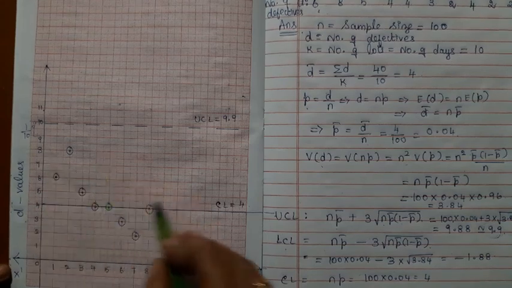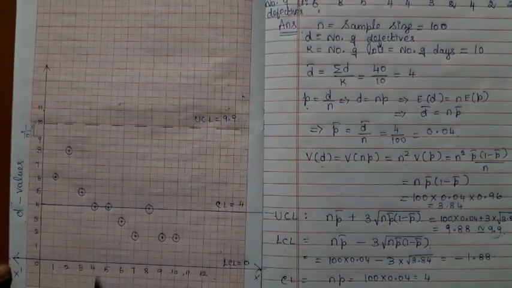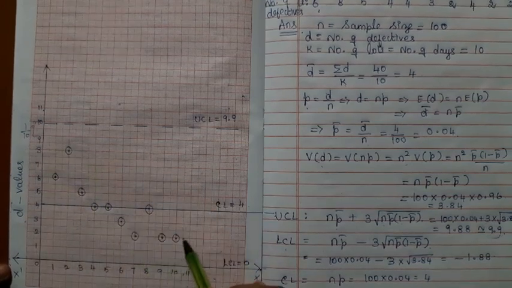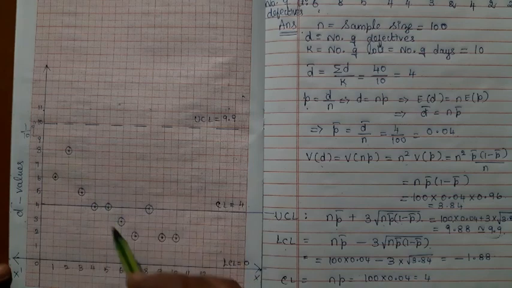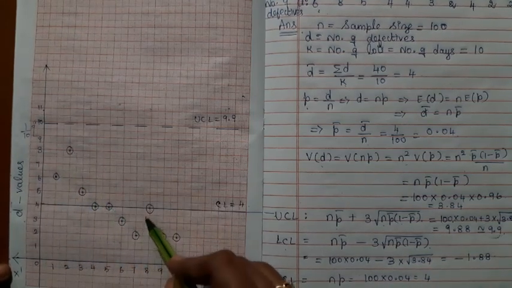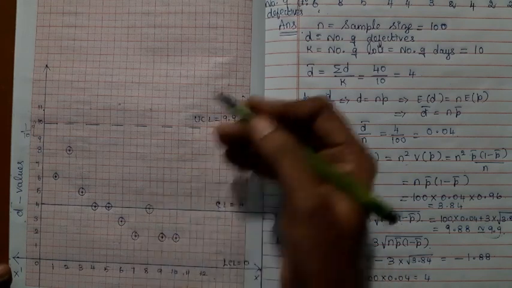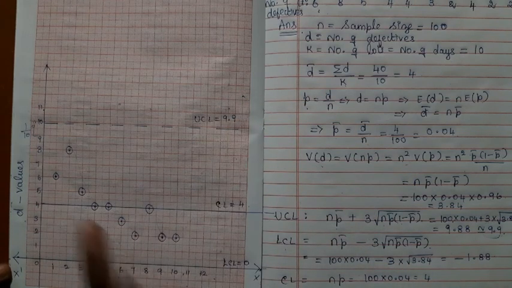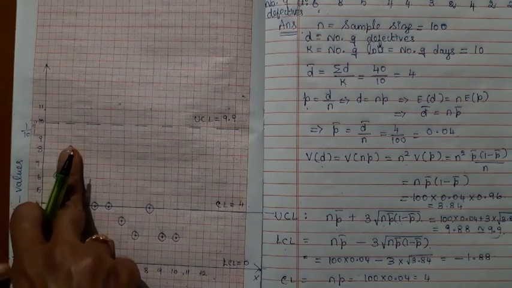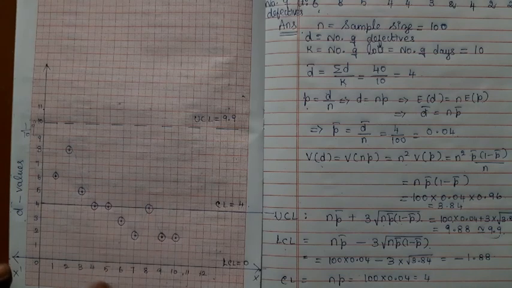Here all points are between the control limits, so the process is in control. No upward trend is there, right? See the points? These points are near the control limit. So more deviation is also not observed. Initially there was fluctuation, but after that the process seems to get stabilized.